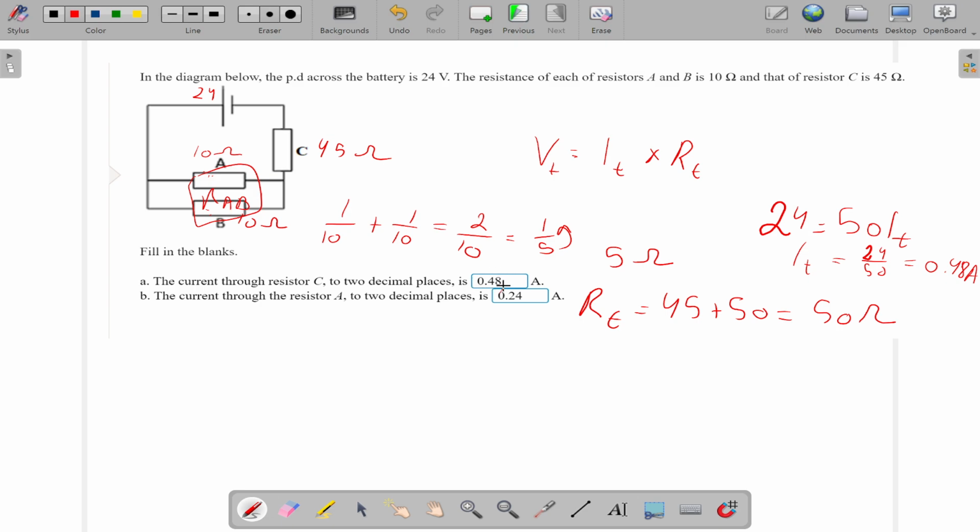Now, you know that here this is going to be flowing with a current of 0.48. Remember, voltage in a series is additive. So VT equals VAB plus VC.